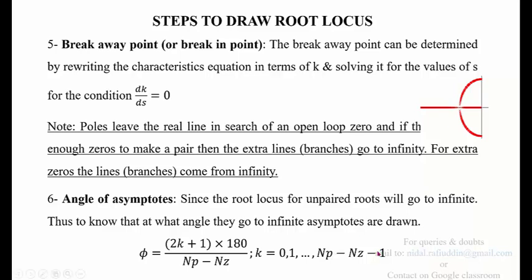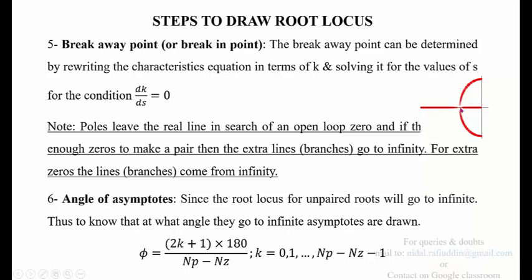So if you look at this particular figure, which is nothing but the same root locus that we took from our previous example, we saw that the poles which were initially on the imaginary axis moved towards each other. On the real axis they met. So this particular point is termed the breakaway point, and after meeting at this point, one of the poles went towards the left side, the other towards the right side.